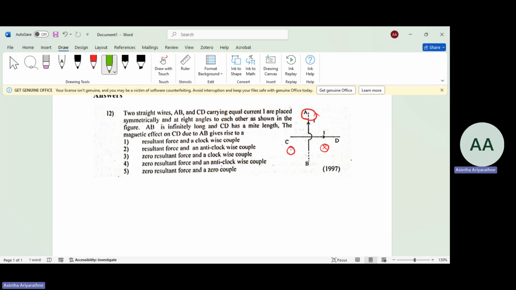Then if we consider a length like this, we can easily find the direction using the right hand. Point the fingers in the direction of the magnetic field and the middle finger in the direction of current, and there would be a magnetic force upward.